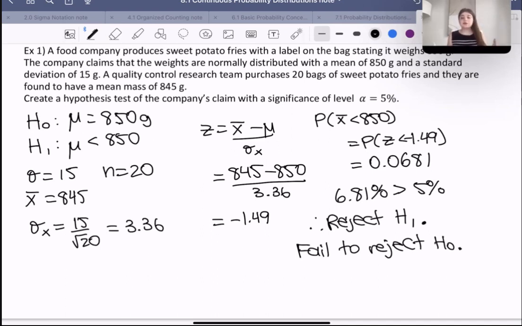So basically, I want to make sure we understand that this does not mean that the mean appears to be 850. This does not mean the null hypothesis is correct.